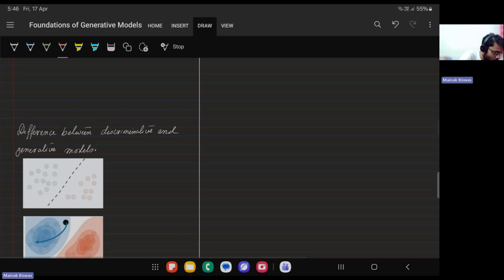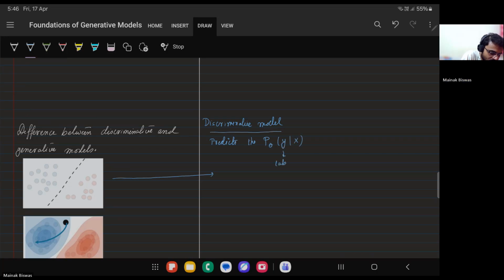So if you remember from our previous courses, a discriminative model predicts the probability of a label given the data. This is a label, and this is input features. Right? So you give this model some input features and it will make a prediction.